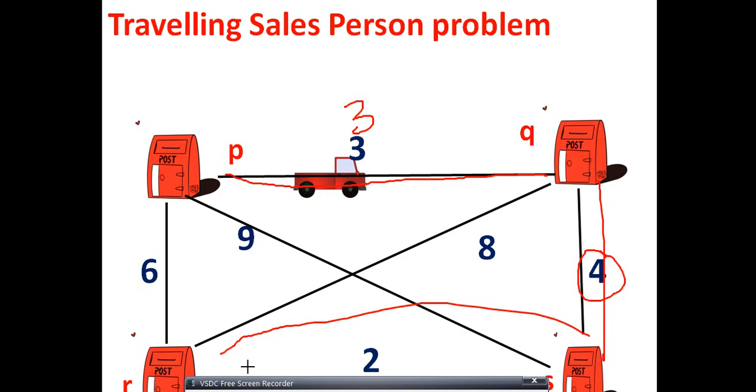From this place to this place, what is the cost? 2 kilometers. And from this to this, what is the cost? 6. And these are also intermediate nodes with the values 9 and 8. Our job is to find the minimum path which this vehicle can travel. That is called the traveling salesperson problem.